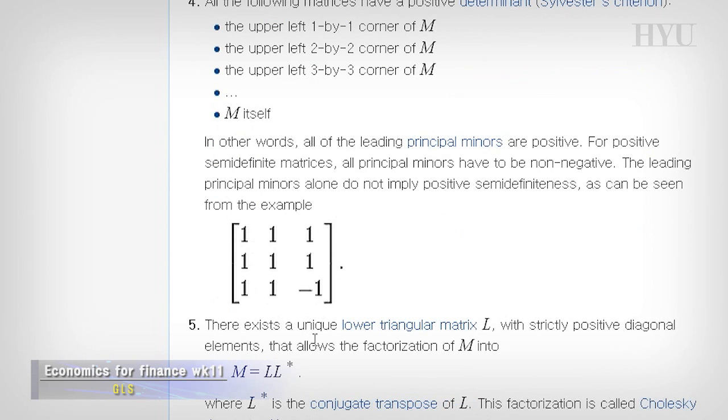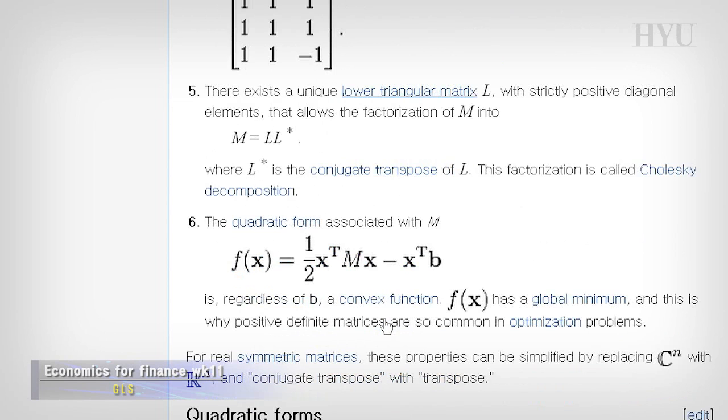And there is a unique lower triangular matrix L. Lower triangular matrix L means this part has some numbers, but this part is all zero. So the lower triangle part is non-zero. If there is a unique lower triangular matrix L such that we can decompose M into L L star, where L star is the conjugate transpose of L, and since we deal with only real-valued matrices, L star is just the transpose of L. So if we can decompose M into L L transpose, then it is positive semi-definite.